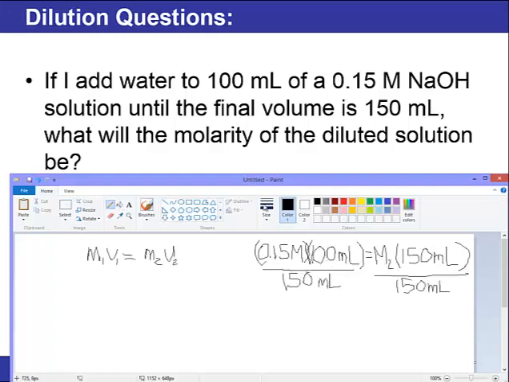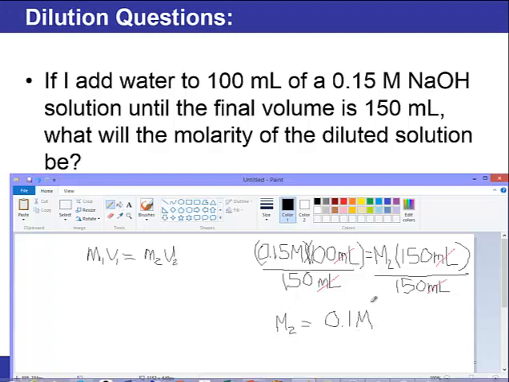So once we do this, we can see that our milliliters is going to cancel out on both sides. And our answer is going to be left in molarity, which is the concentration we want for our second concentration, or M2. And so our final answer is that the concentration of the final volume is 0.1 molar.